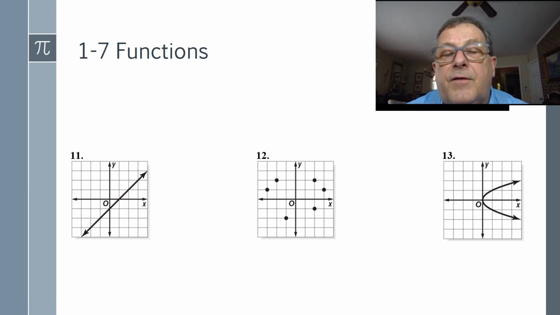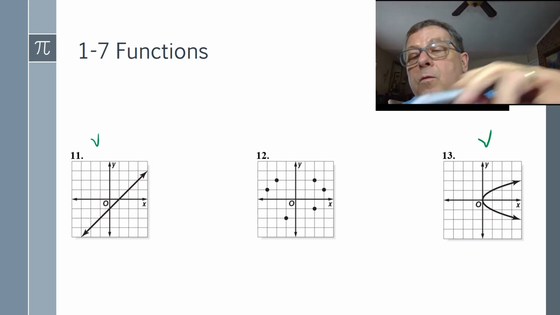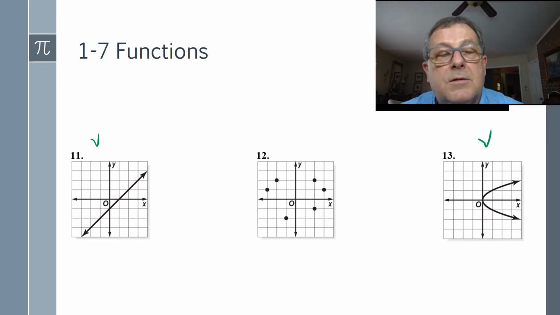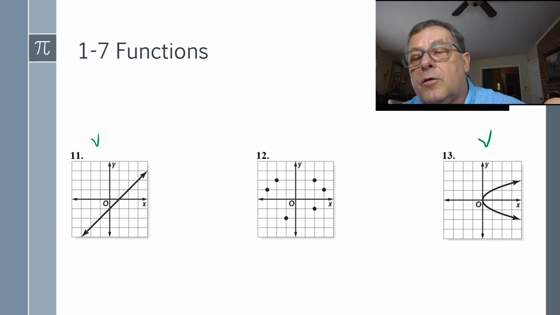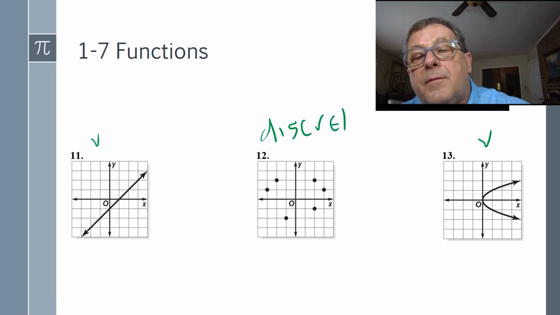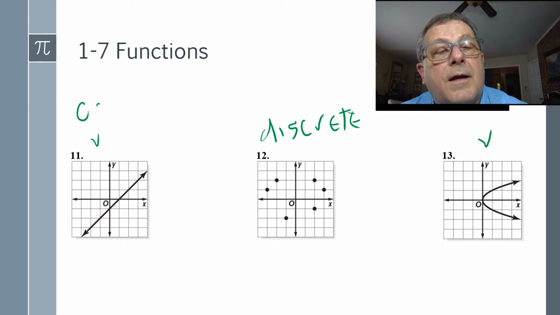If I've got a graph and it's connected, this graph and this graph are what we call continuous, because the graph is connected by a line or a smooth curve. This is what we call a discrete graph. In other words, we have plots on there, but it's not connected.